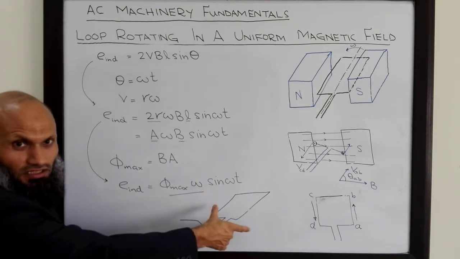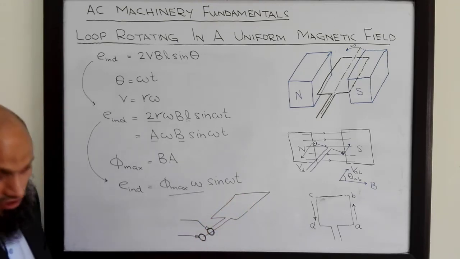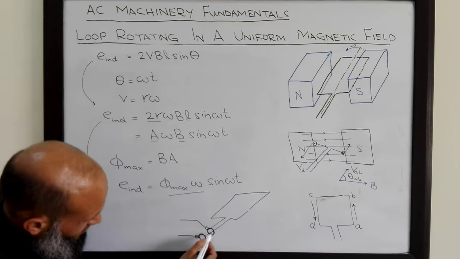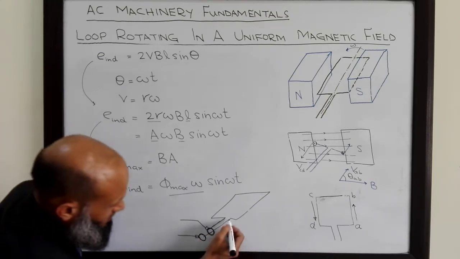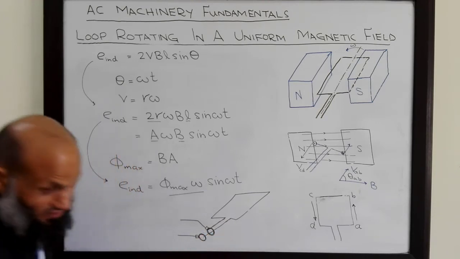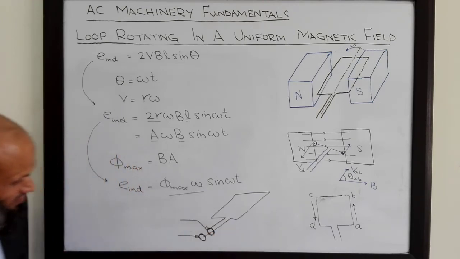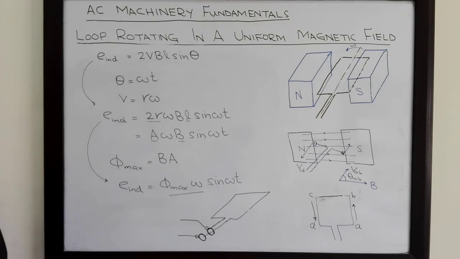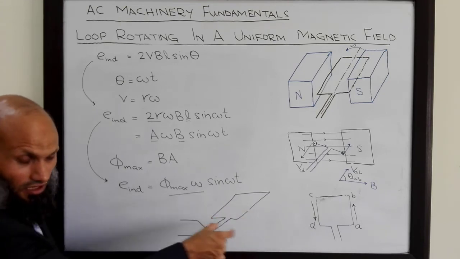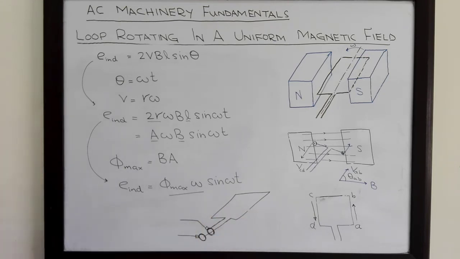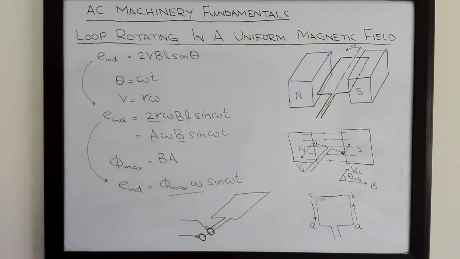To get the electrical signal out of this loop, we have this arrangement. We have two rings. One ring is connected with this side, and the other ring is connected with the other side. This wire is insulated from this ring, and with this arrangement we can get the electrical signal out of this loop, and therefore we connect the electrical load to this.